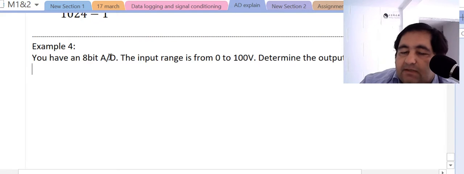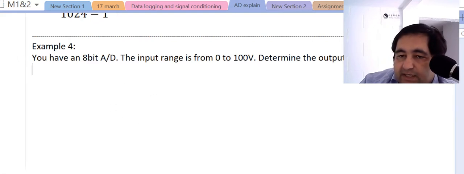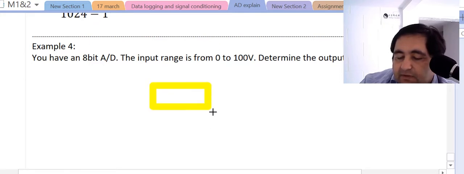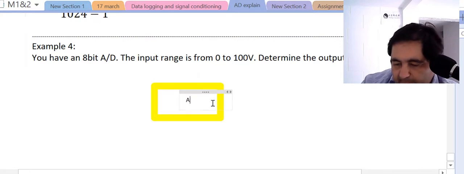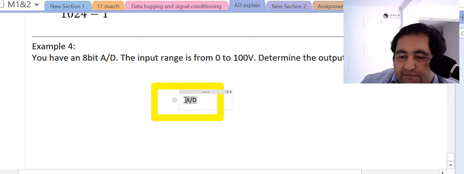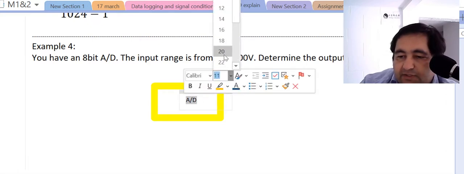So what's happening, if I wanted to explain that, basically we have the A to D, the analog to digital converter.